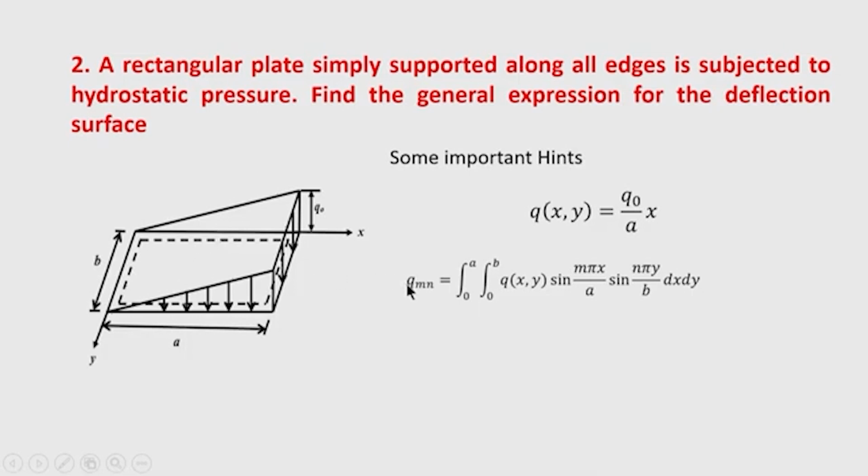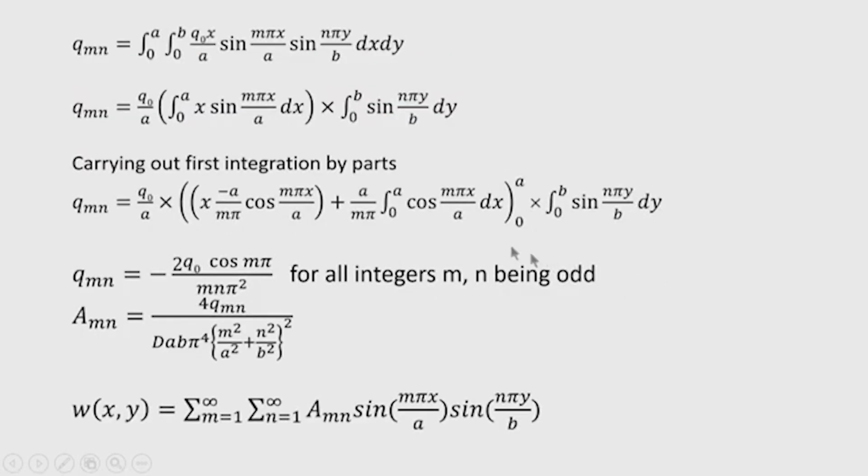So, therefore, Qmn is written as integral 0 to a and also 0 to b q x y sin m pi x by a sin n pi y by b dx dy. So, this integral is carried out, and here you will get this constant term taken out, and this integral is done with the rule of integration by parts, and this is the integration of sin n pi y by b dy.